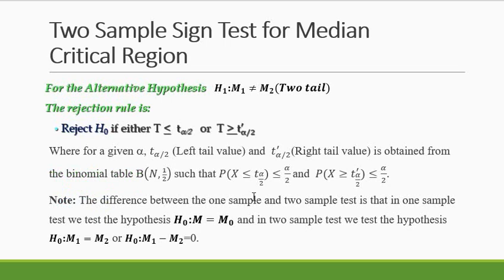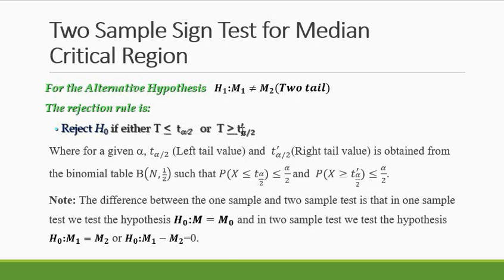For the two tail test, if the calculated T value is less than or equal to T alpha by 2 or greater than or equal to T dash alpha by 2, we reject the null hypothesis. That is, we accept the null hypothesis if the value is strictly greater than T alpha by 2 and strictly less than T dash alpha by 2.